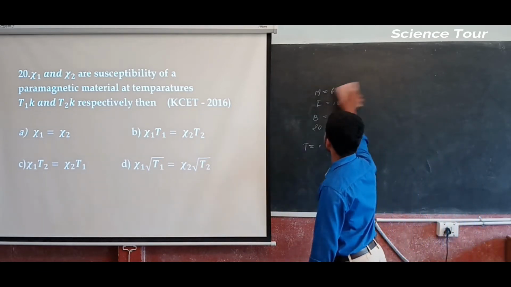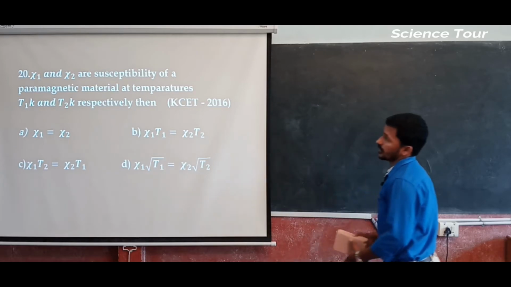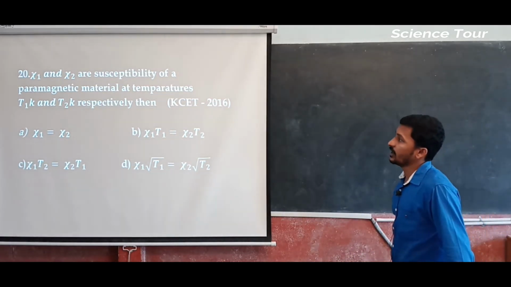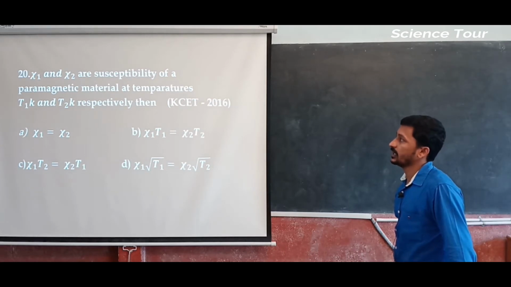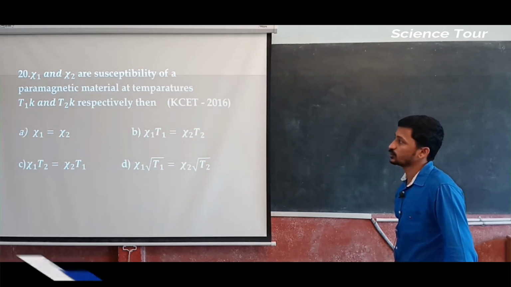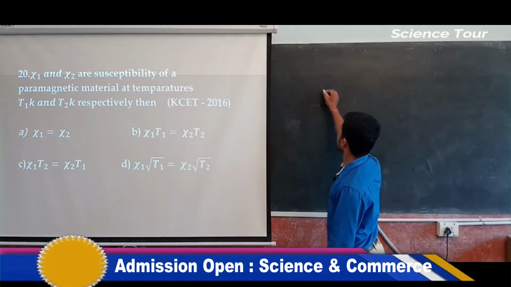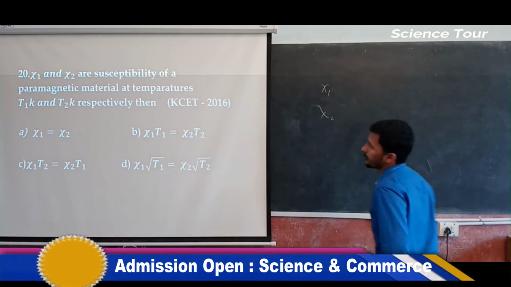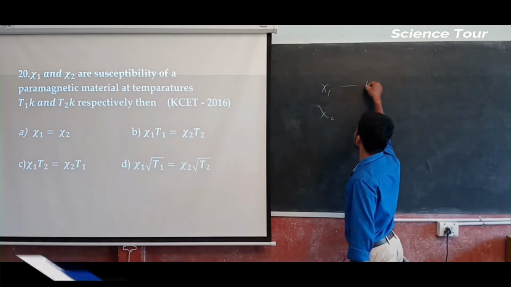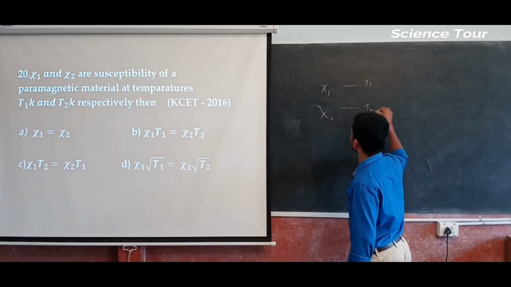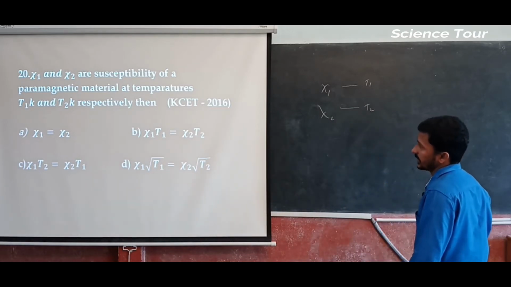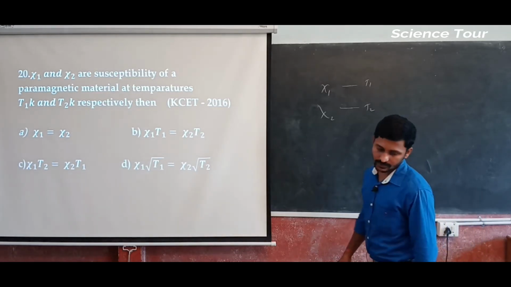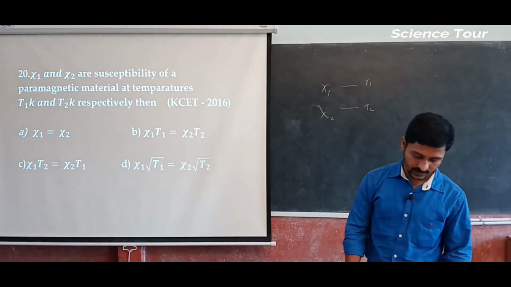The susceptibilities chi 1 and chi 2 are the susceptibilities of a paramagnetic material at temperatures T1 and T2 kelvin respectively, that is chi 1 at temperature T1 and chi 2 at temperature T2 respectively. Then what we have to find out, okay. What is the answer? Can you guess? Can you see?